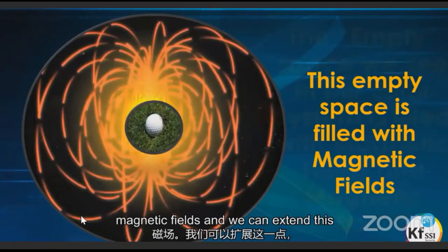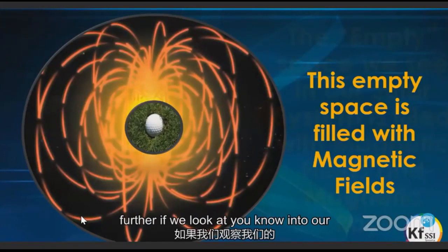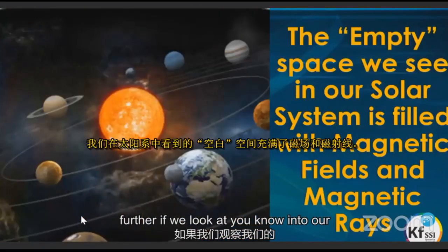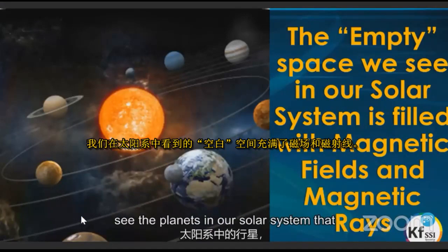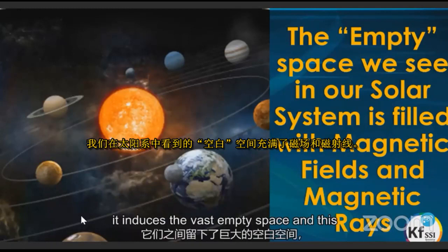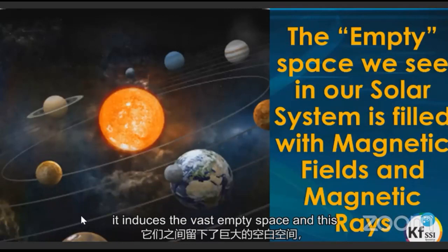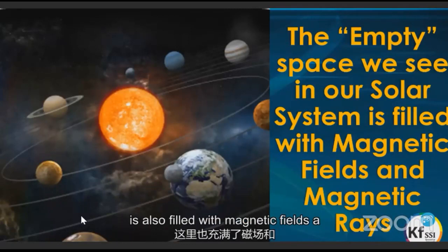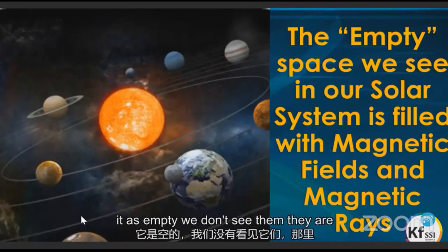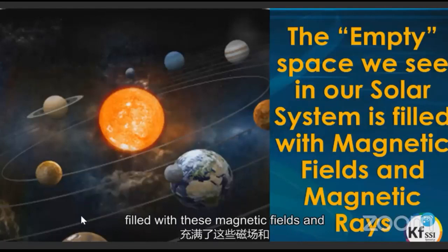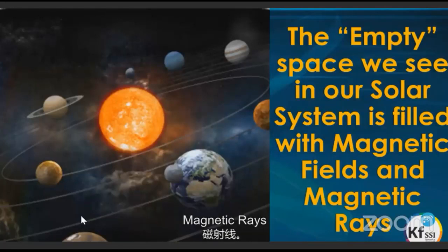And we can extend this further if we look out into our solar system, and we see the sun and the planets, but we do see a lot of vast empty space, and this is also filled with magnetic fields and magnetic rays. So even though we perceive it as empty, we don't see them. They are filled with these magnetic fields and magnetic rays.